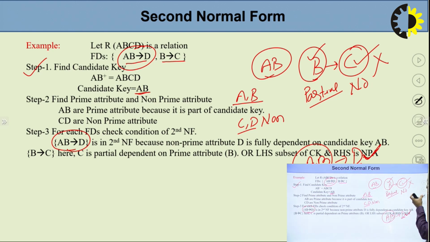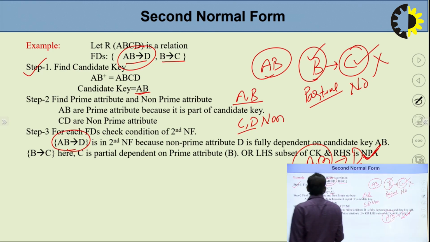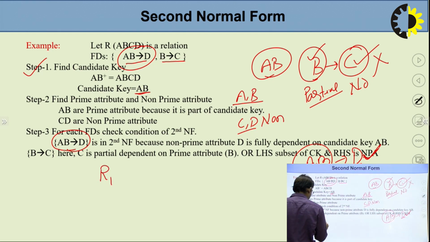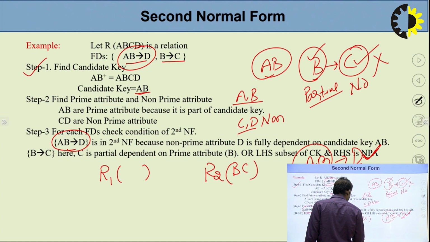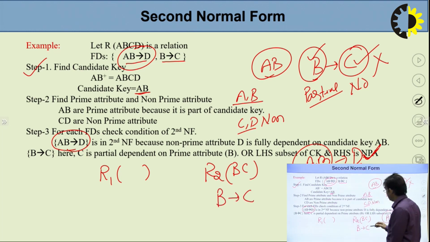We have to divide the relation into two different relations, R1 and R2. R2 contains B and C, because this FD is violating the property of second normal form.